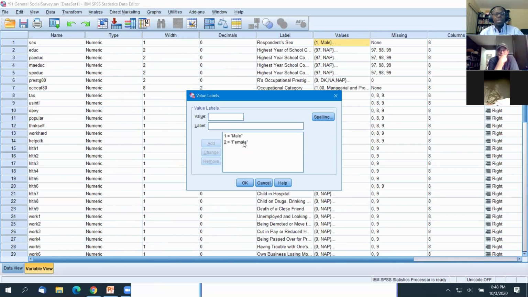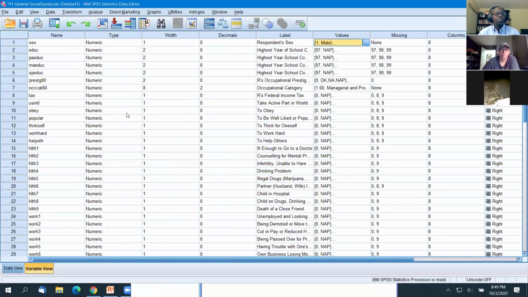Same thing for females. Females could be 1, males could be 0, males could be 1,000, females could be 2,000. It doesn't matter because, again, in this scenario, the numbers are simply labels. So in this specific example, 1 is male, 2 is female.